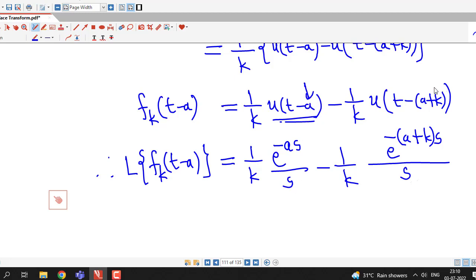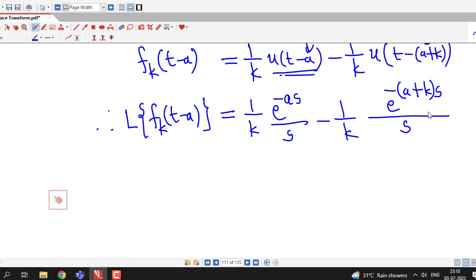Here in this case, instead of a we have a plus k, and we can take this quantity common. First we write this as e raised to minus as divided by ks. Here also we have k into s in the denominator.